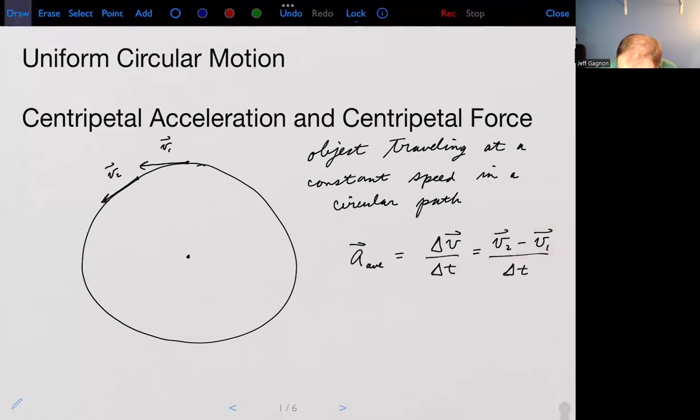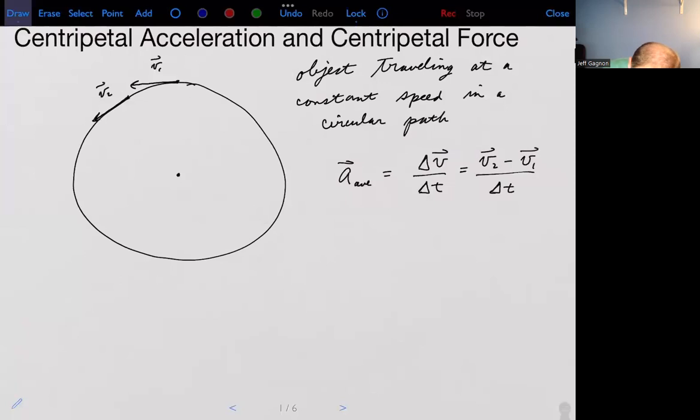So remember, to subtract vectors, I can start by taking v2 and add the opposite of v1. Remember, v2 minus v1 is the same as v2 plus negative v1. So if I draw v2, v2 is something like this. And then negative v1.